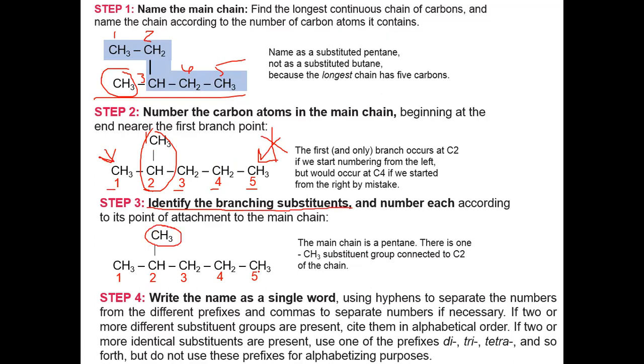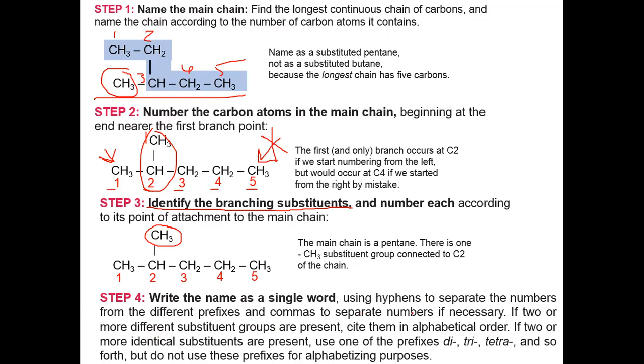And then we need to write the name as a single word, using hyphens to separate the numbers from the different prefixes and commas to separate numbers if necessary. If two or more different substituent groups are present, cite them in alphabetical order. For example, if we have another substituent, we need to see which one is first in alphabetical order.